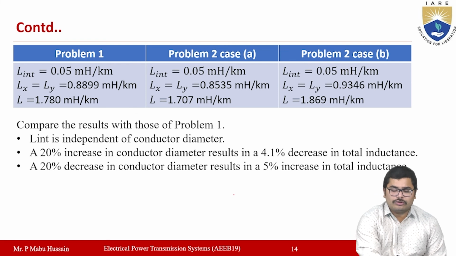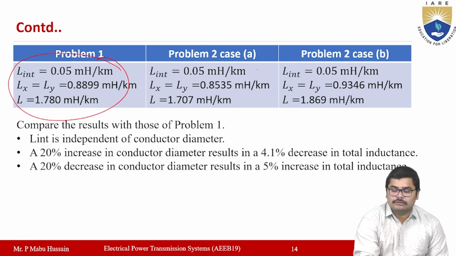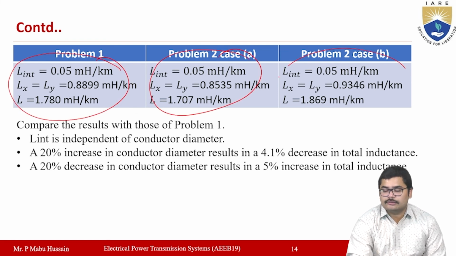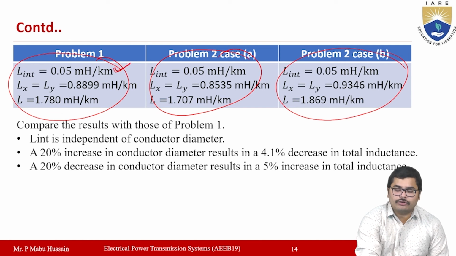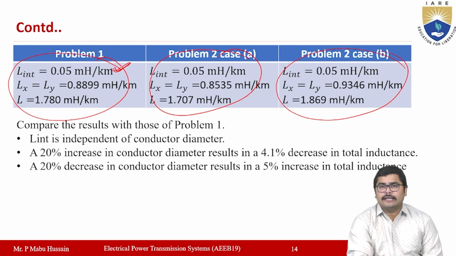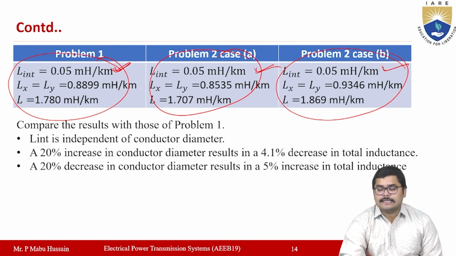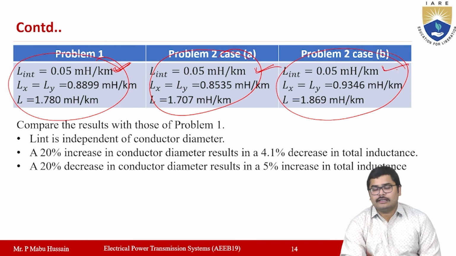Now if you observe these values, the internal flux linkages, if you consider only the inductance due to internal flux linkages, will be the same in all the cases. Why?